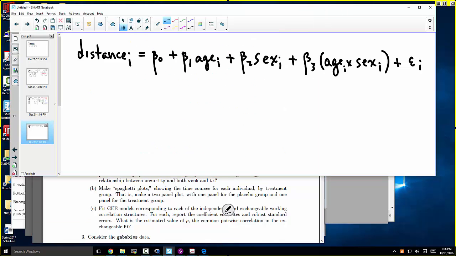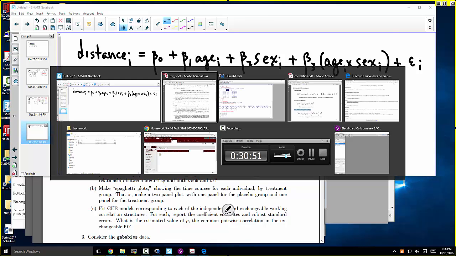So age is measured in years. Gender is coded, let's see how it's coded.